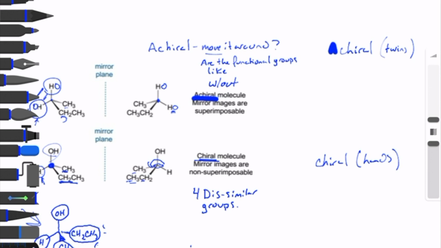But achiral, I would say for both of these things, move it around. Okay? Move it around. Play with the molecule a bit. Can you try to fit it into an orientation where another molecule of the same thing could fit on top of the other one?